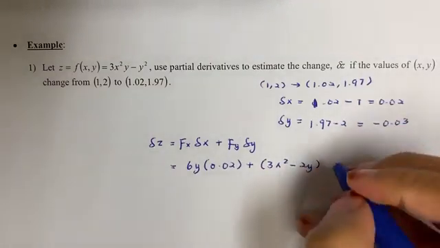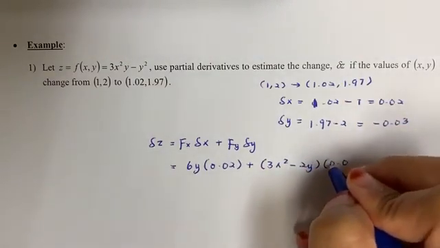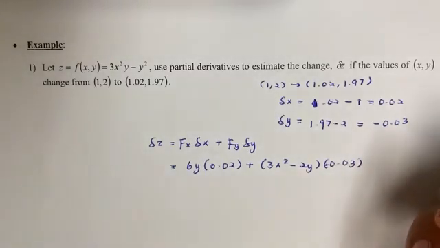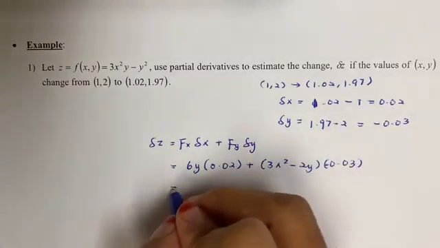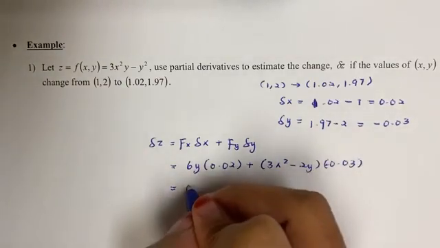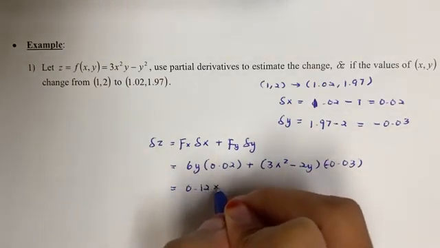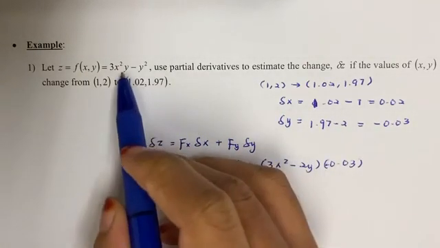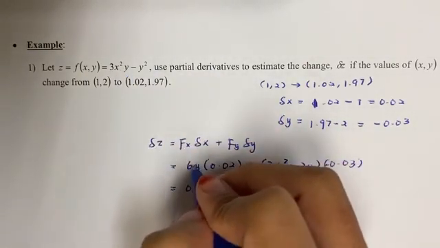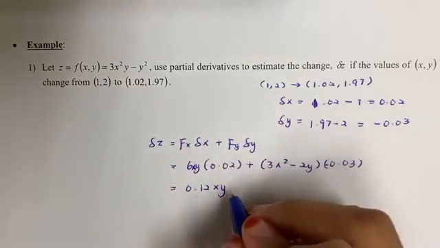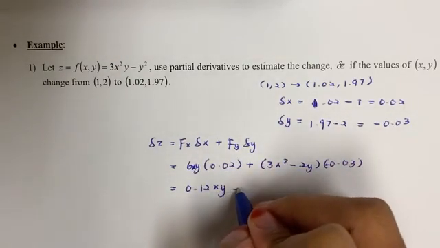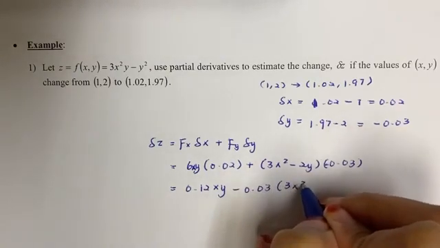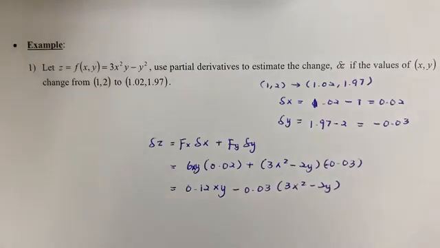And delta y is minus 0.03. Okay, so this is equal to 0.02 times 6xy minus 0.03 times (3x squared minus 2y).